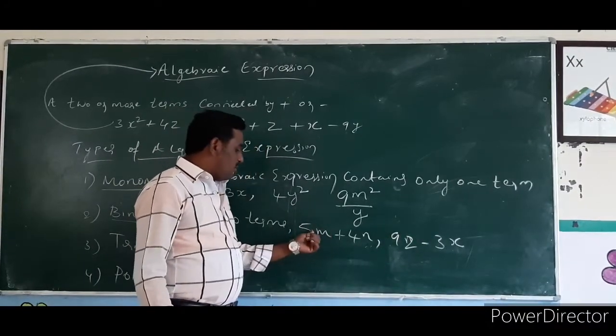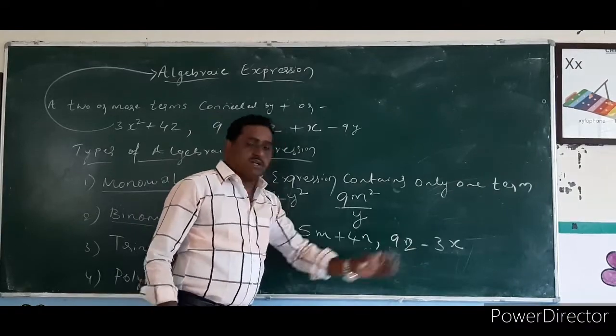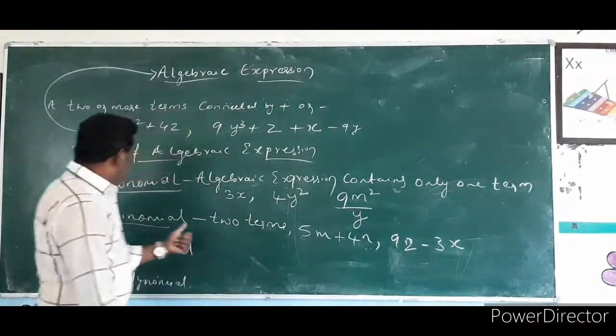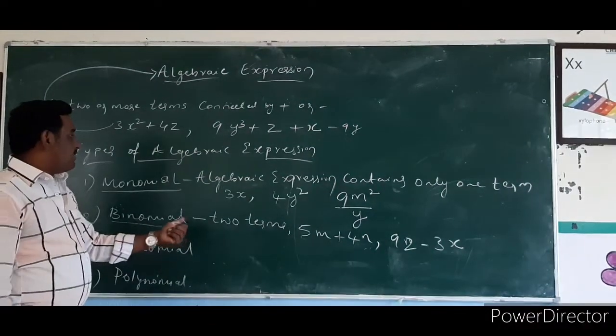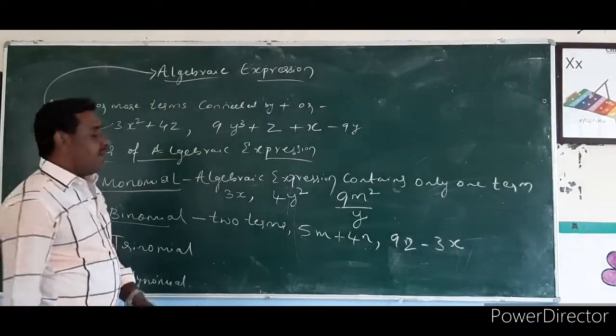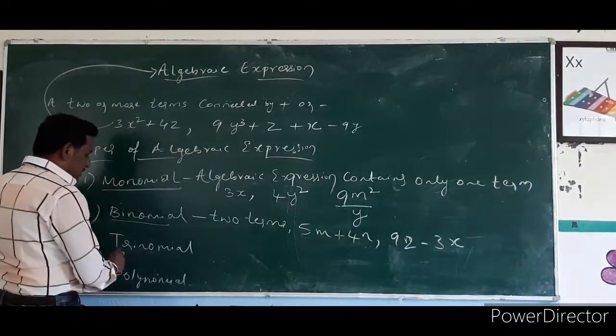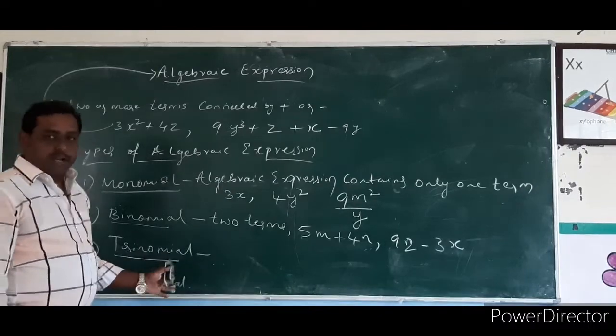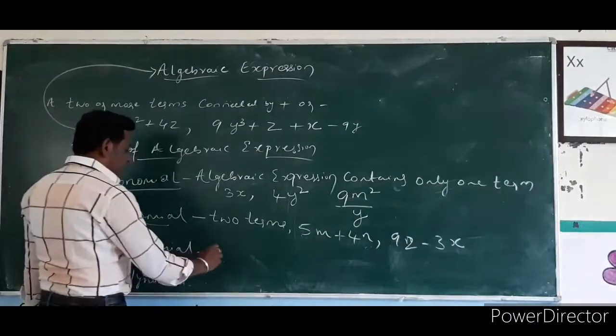Count one term, two terms. An algebraic expression having two terms is called a binomial.